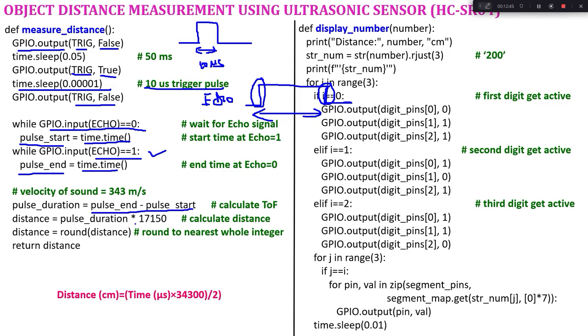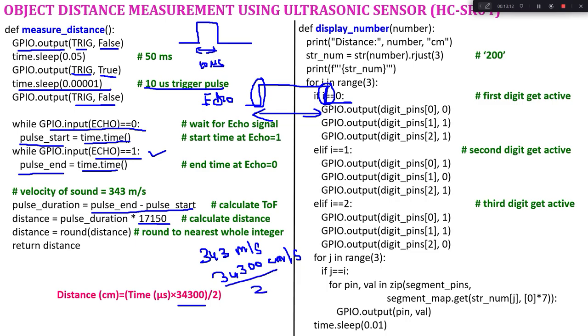Then this pulse duration is multiplied by 17150. The speed of the sound wave is 343 meters per second. When we convert it into centimeters, it will be 34300 centimeters per second. This is the total round trip time, but we want only half the distance, so it is divided by 2.